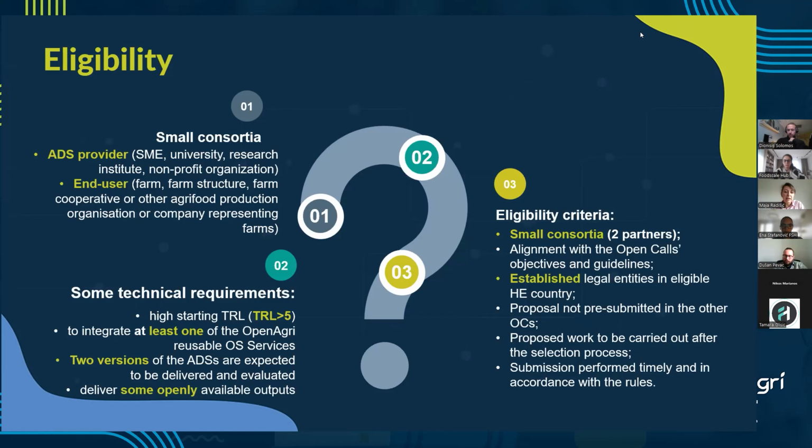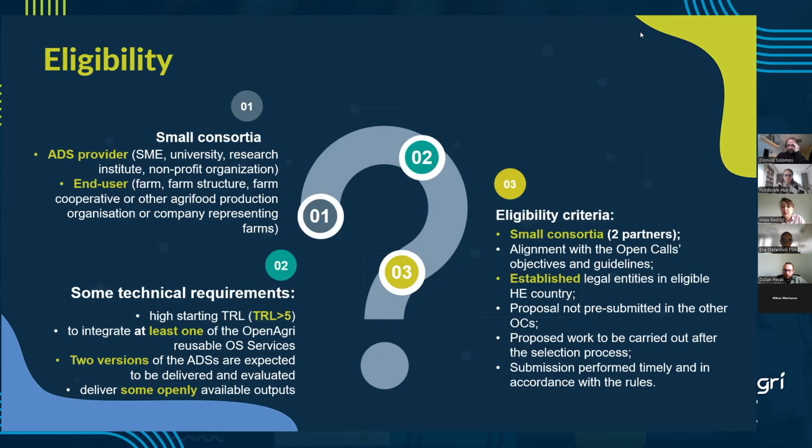When it comes to some technical requirements, we aim to fund proposals with a high starting technological readiness level, 5 and above. All proposals have to integrate at least one OpenAgri reusable open source service, and it is expected that 2 versions of the ADSs are delivered and evaluated. And some part of the outputs have to be openly available.